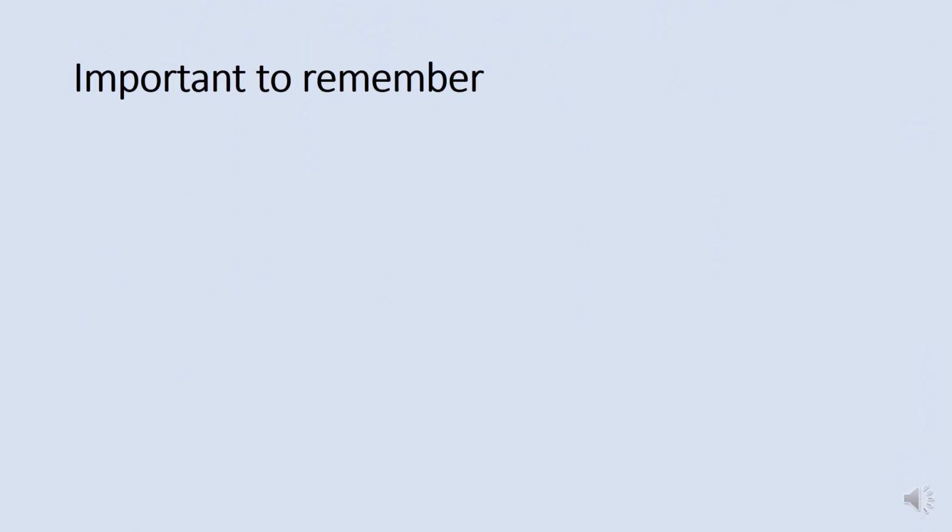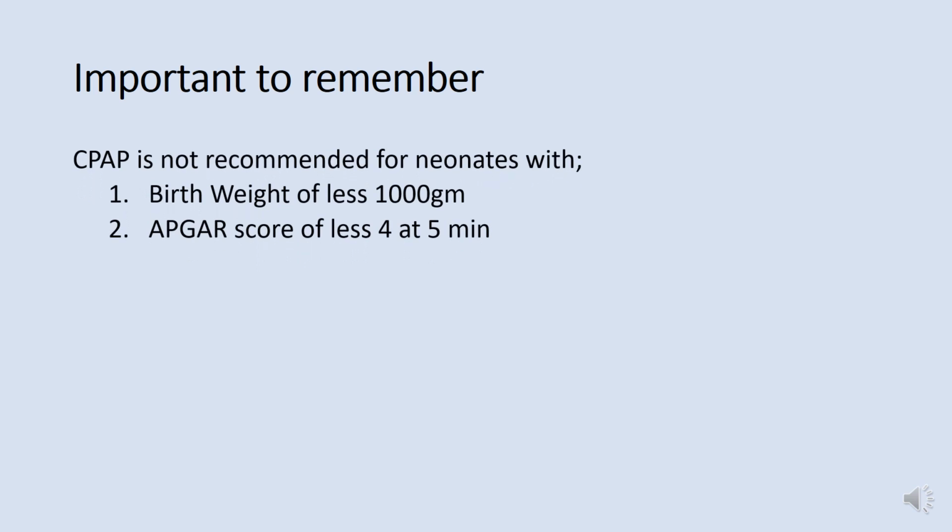So this is important to remember, that CPAP is not recommended for neonates with birth weight of less than 1 kilo and an APGAR score of less than 4 at 5 minutes. Remember the APGAR scores that we do at 1 minute, at 5 minutes, and at 10 minutes, and we continue depending on the clinical picture.